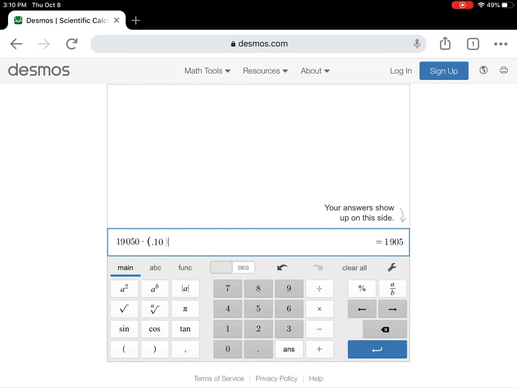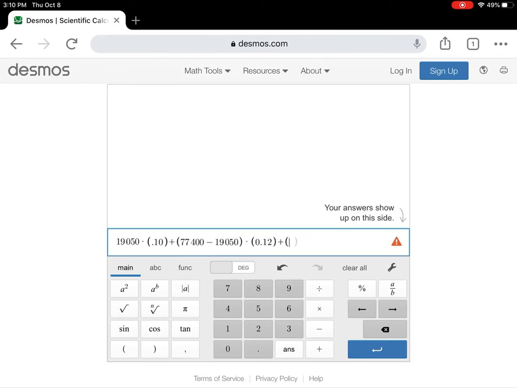Okay, so there it is. Plus, parenthesis, make sure of that, 77,400 minus the 19,050. Close that parenthesis. Times that by your percentage, which was 12, so 0.12. Parentheses are your best friend.